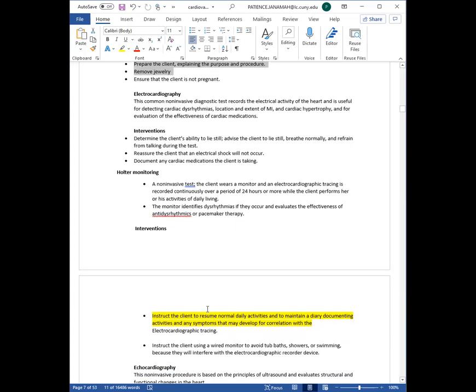Now we have the Holter monitoring. The Holter monitoring is a non-invasive test. So they put some pads or leads on the patient, and then they have a little box. It's just a machine. It's a small thing like this, and they have the lines, they connect it to the patient's heart. So the patient is busy moving all day. The patient has the Holter monitor that is recording and sending the information to the provider's office.